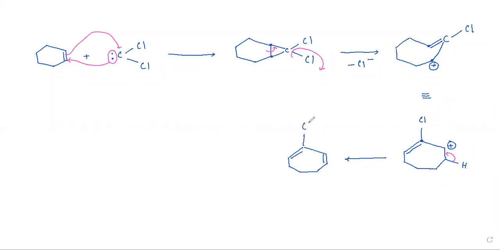That is, of course, a more stable system. Okay. When 2 pi bonds are in conjugation, you'll have more resonance stabilization, right? Check this out. This is how a carbene is added to an unsaturated system.